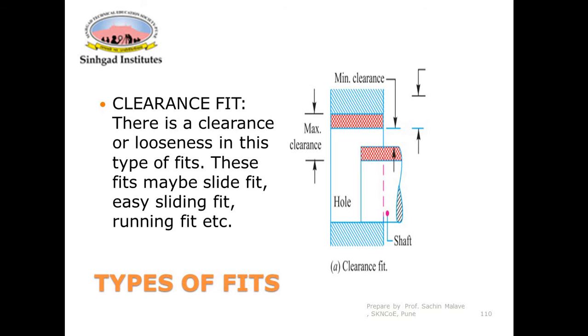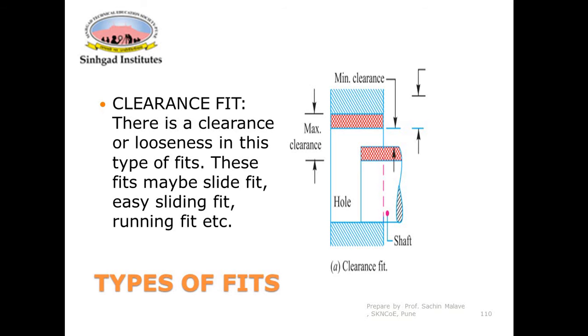The minimum size of the hole is larger than the maximum size of the shaft in any condition. So what are the possibilities? It can happen that the hole is at its minimum size and the shaft is at its maximum size.